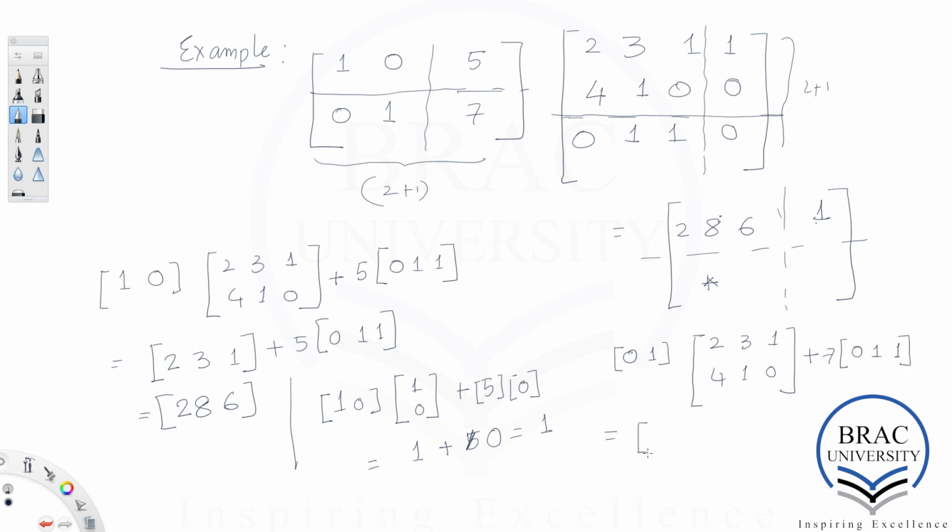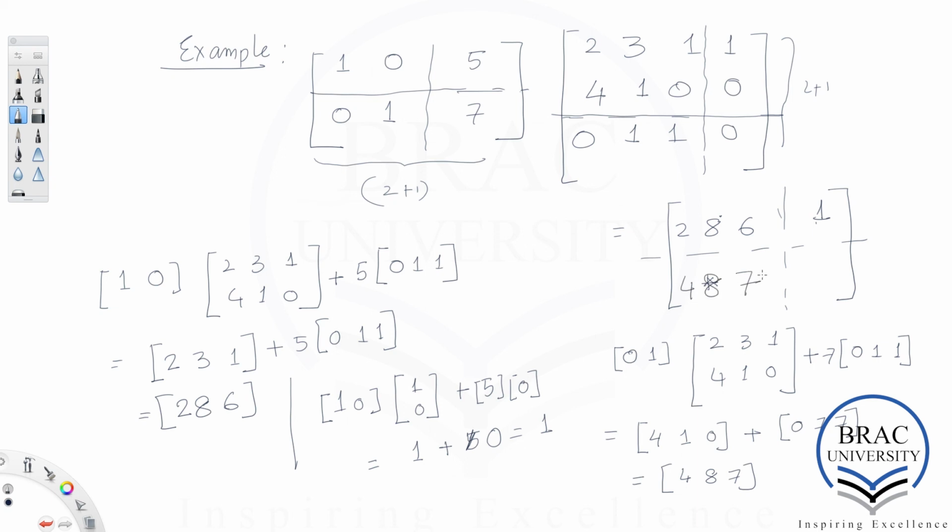So that we have a row vector consisting of 3 columns, which is 4 1 0 and another row vector with 3 columns, 0, 7, 7. When we add them, we get 4, 8, 7, right? So here we have 4, 8, 7.